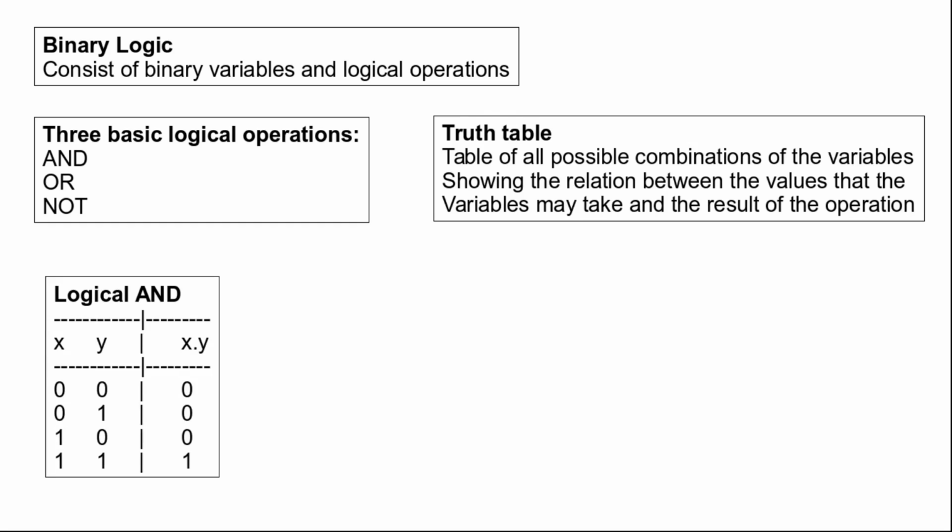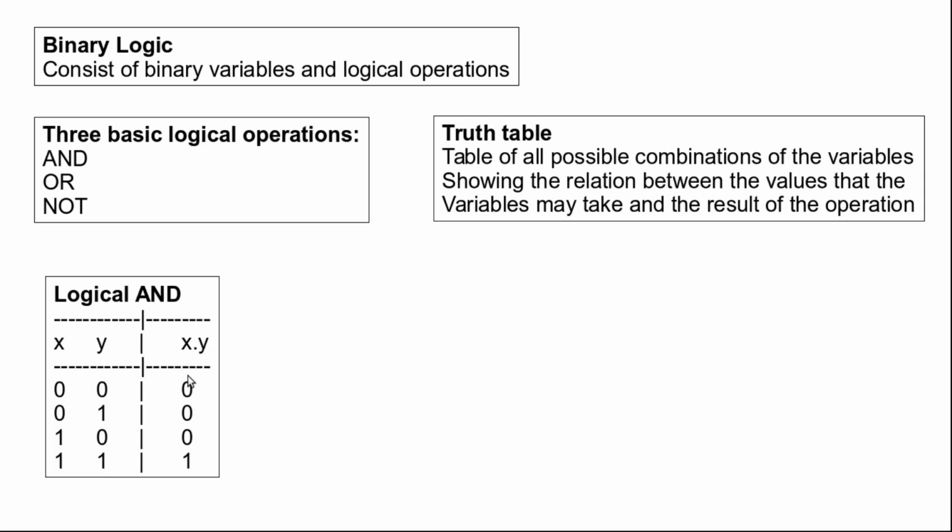So here is the truth table for the logical AND. In this truth table we have two variables x and y, and since we have two variables we can have four possible combinations of the input values: 0 0, 0 1, 1 0, and 1 1.